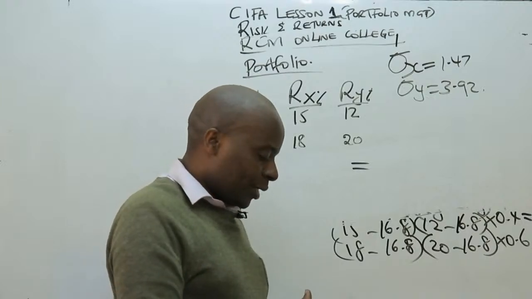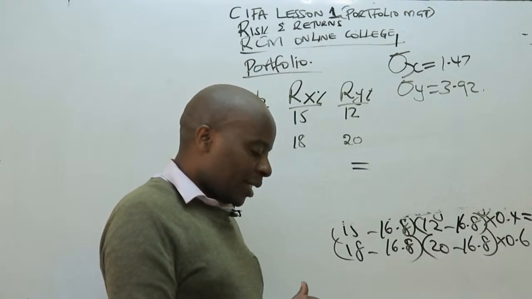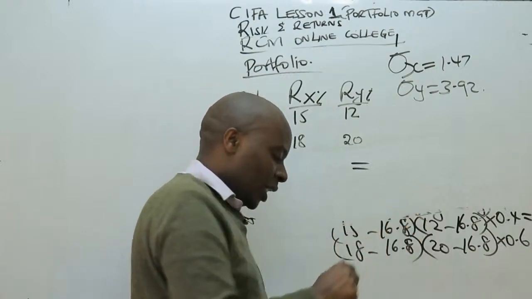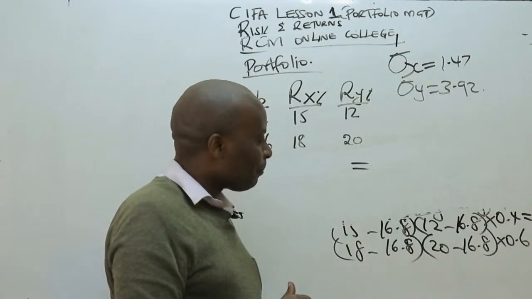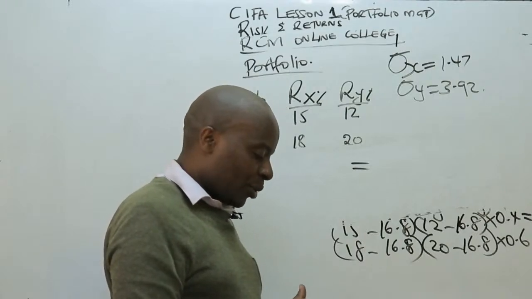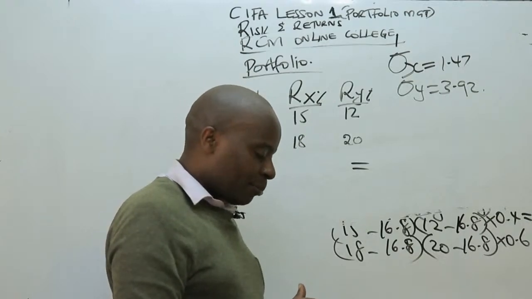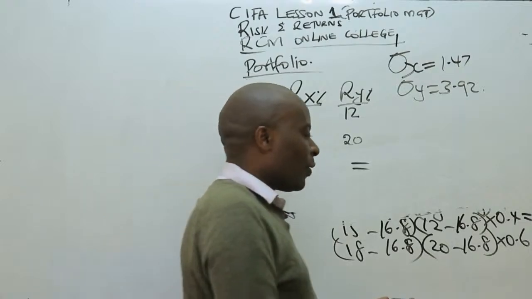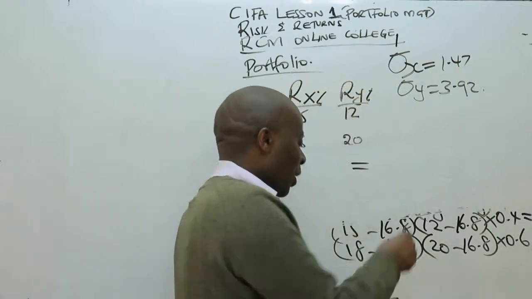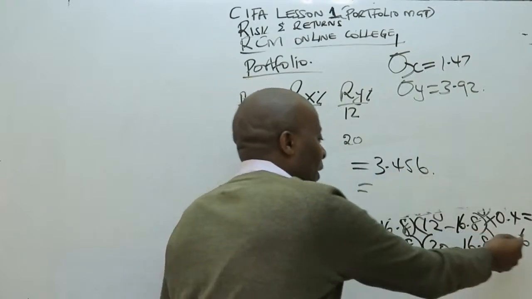So we have 15 minus 16.8, close brackets. Say times, because in between here we have times. Open another bracket, ladies and gentlemen. We have 12 minus 16.8, you close, times 0.4, which at the end of the day will give me 3.456.